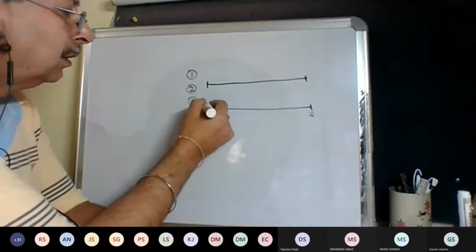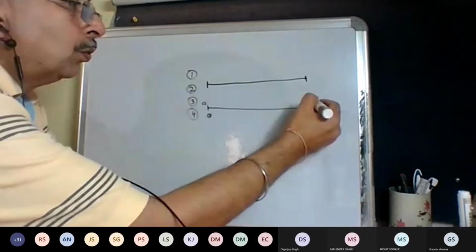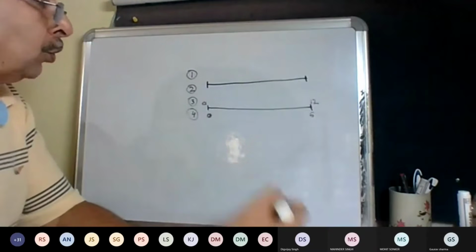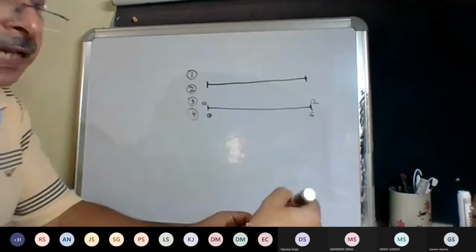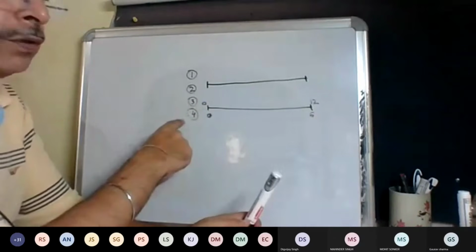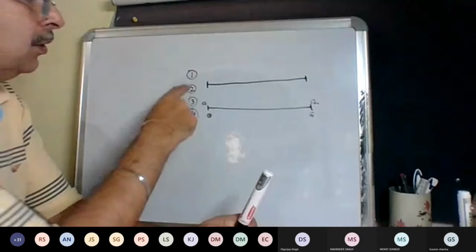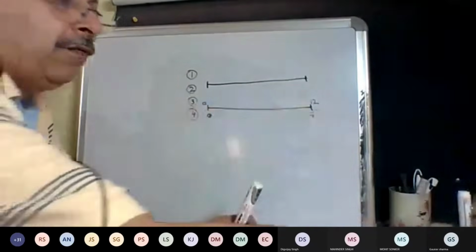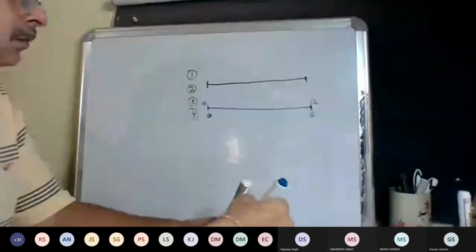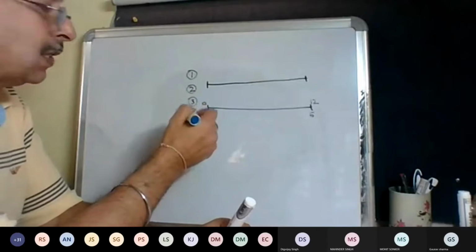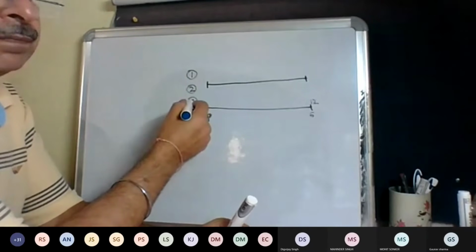Scale number 3 is 0 to 12. So you'll always be using the largest scale possible, that means 3 or 4. Scale 1 and 2 you will never use. Between 3 and 4 is a choice that you'll make depending on the type of question. Mostly, in 90% of your cases, it will be 3.